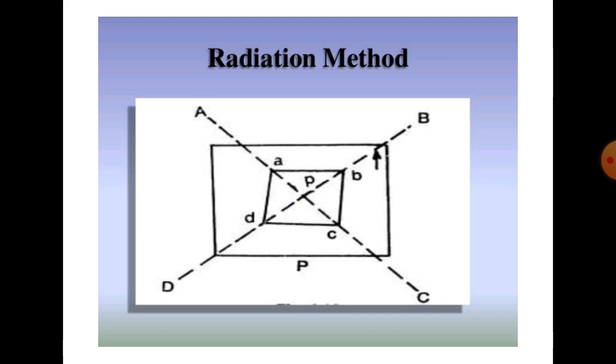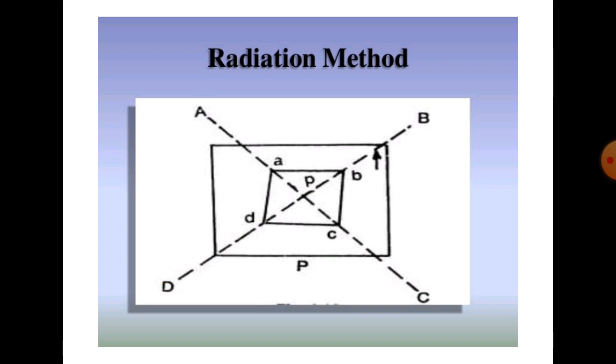Same thing from point P: the alidade is touched at point P, and we bisect point B and then draw the line P to B. Same alidade is touched at point P, then we bisect point C and draw the line PC, and the same procedure is continued for point D.